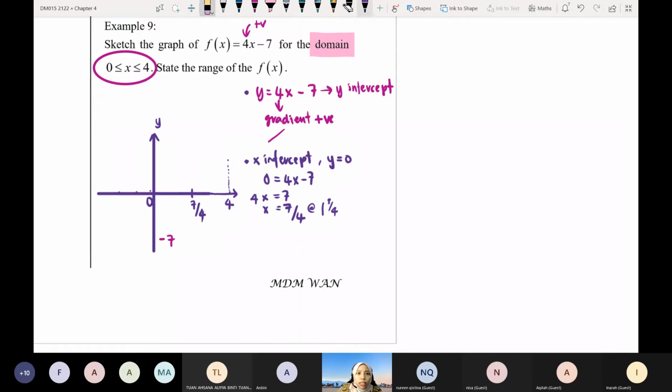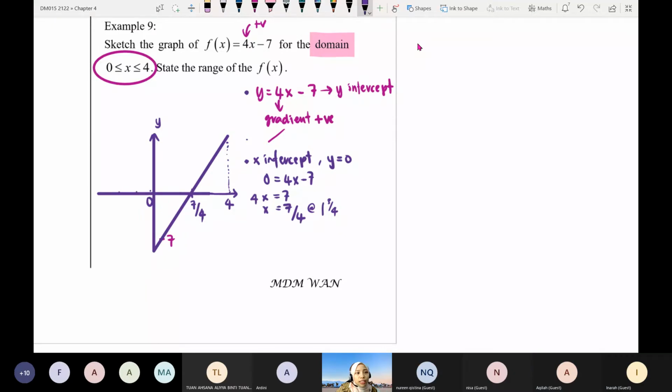Okay, so I have to redraw the graph up to 4 only. Can you all see? Okay, because it asks to sketch the graph for the domain.